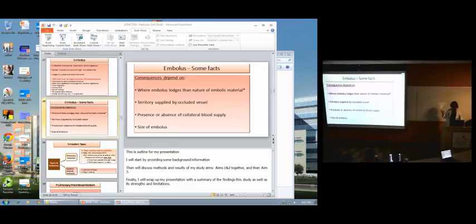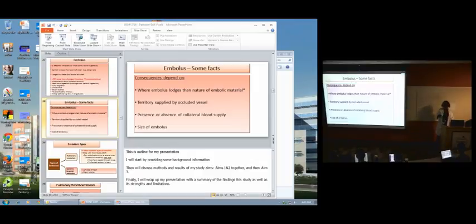So you also think about the territory that is supplied by the occluded vessel. If you have dual blood supply, for example in the lungs, you have the pulmonary arteries and the bronchial arteries, the consequences of an embolus are less likely to be as grave compared to if you have just a single supply, like end arteries, for example in the kidney or the spleen.